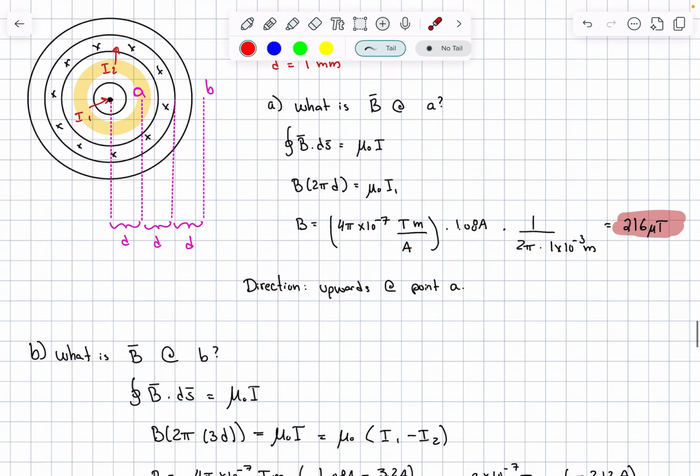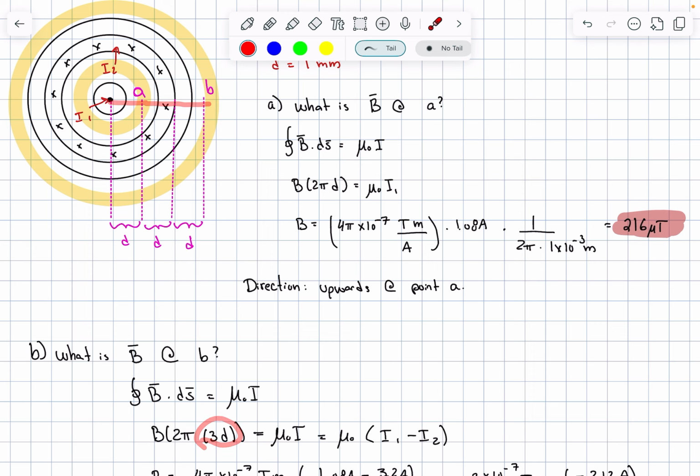We then want to know, what is the magnetic field at point B? We use the same thing here. If we draw our Amperian loop starting off at B, we obviously have a much bigger loop, and its radius is d plus d plus d, 3d.